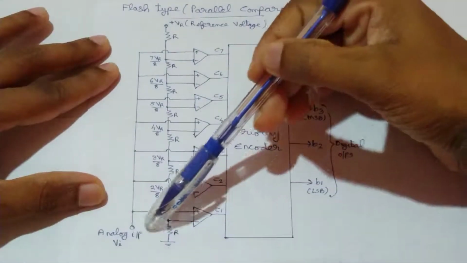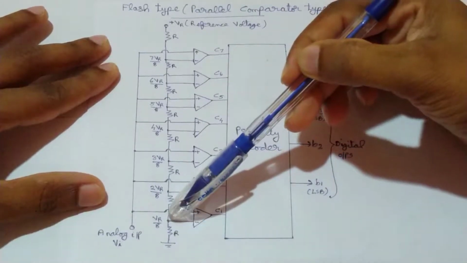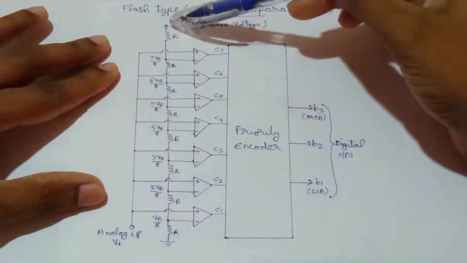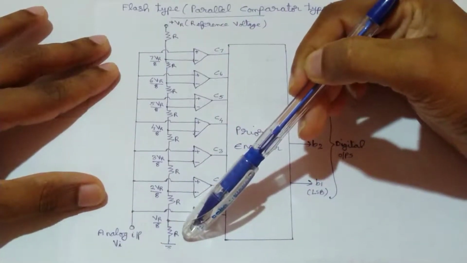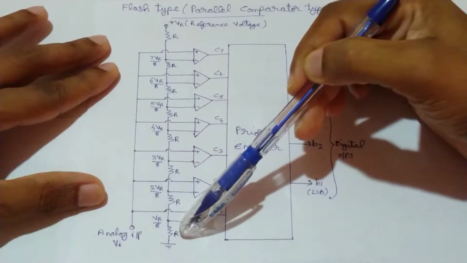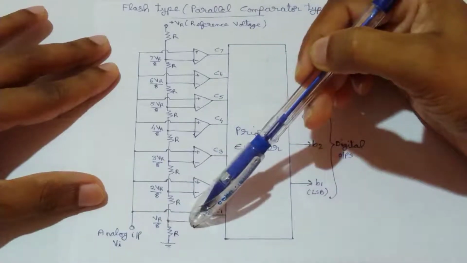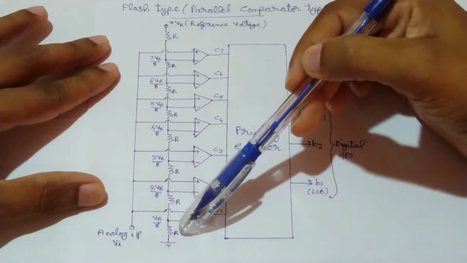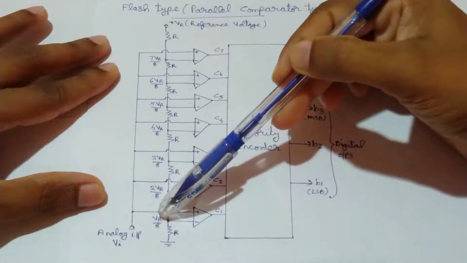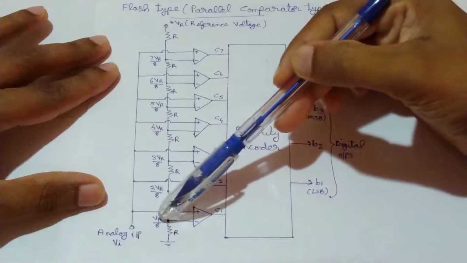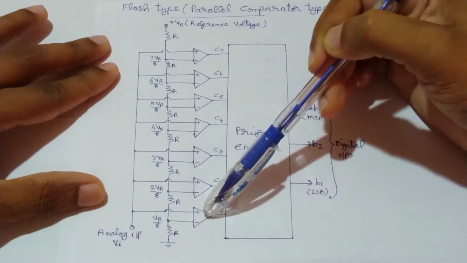Then the voltage across this resistance R can be calculated by the voltage division rule: VR into R divided by total resistance. So VR into R divided by 8R. That is the reference voltage at this inverting terminal. So what is that voltage? VR into R divided by 8R, so that is VR by 8. So VR by 8 is the reference voltage to this first comparator.